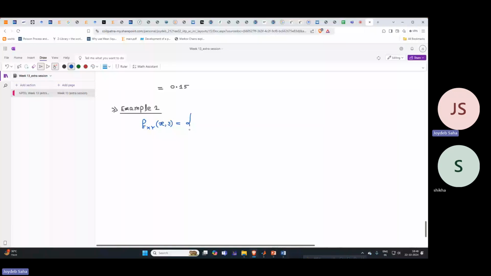It is given as 1/8 (x plus y) for 0 less than x less than 2.